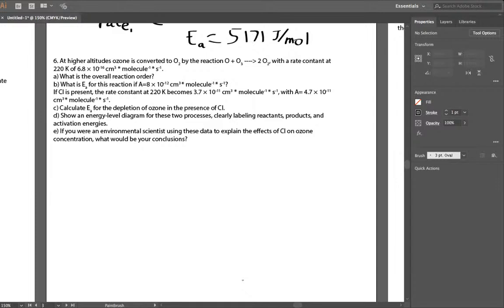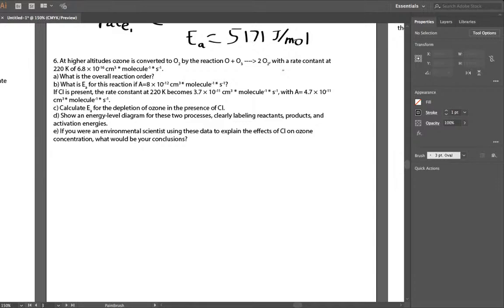Let's try this, okay? Number 6. At higher altitudes, ozone is converted to O2 by the reaction of O plus O3 resulting in 2O2, with a rate constant at 220 Kelvin of 6.8 times 10 to the negative 16 centimeter cube times moles.